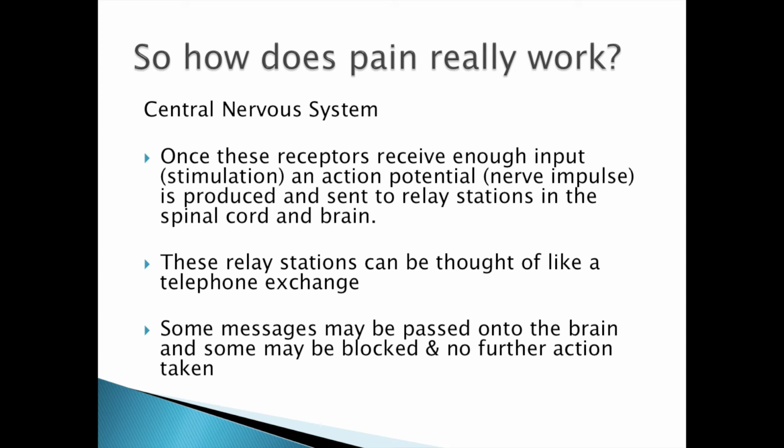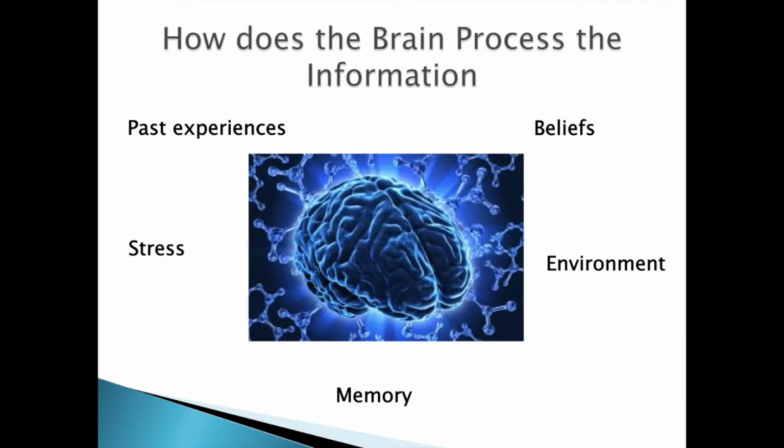But this is where it gets a little bit fuzzy, because this can change from person to person, and how the brain interprets this information can also change person to person. And these are some of those elements that can affect the brain's ability to process that information. Past experiences we've touched on a little bit.